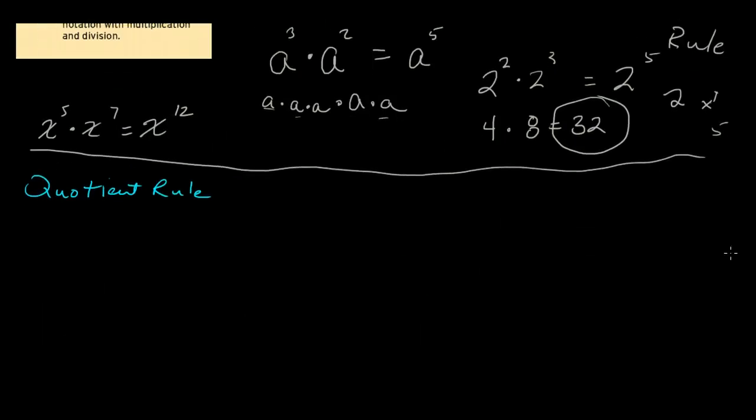The quotient rule says if I have a to, let's say, the 5th power, and I'm going to divide that by the same number raised to, say, the 2nd power, then what I essentially have is on the top a times a times a times a times a.